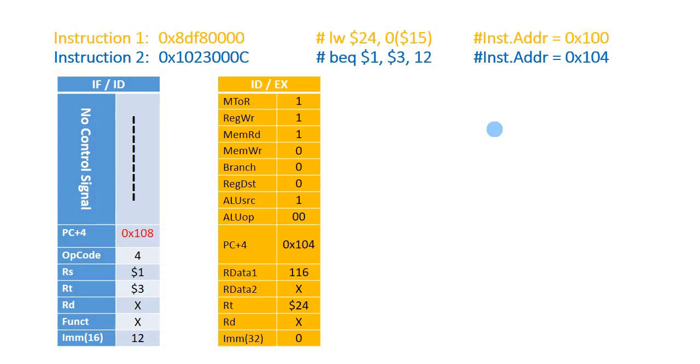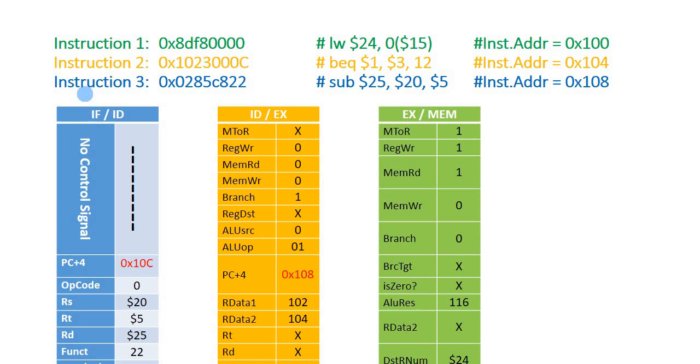Subsequently, when the second instruction comes in, instruction 1 goes to the ID/EX stage, and instruction 2 is in the fetch stage. And subsequently, when I go to the third instruction, this is your first load word instruction, this is your BEQ instruction, and this is your subtract instruction. So you can see that it flows through stage by stage until it fills up the entire pipeline.